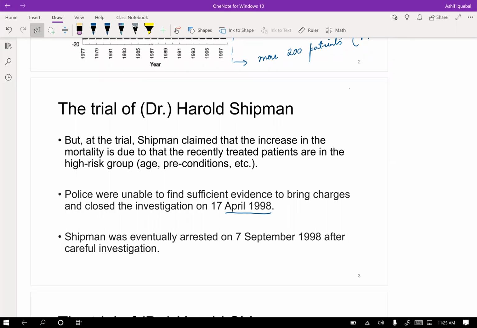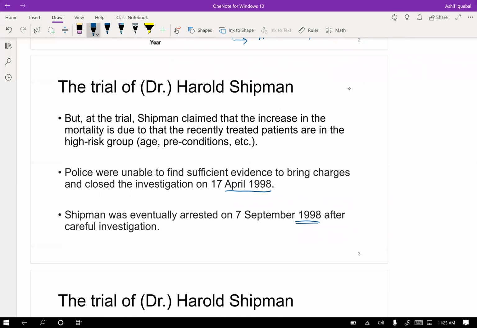This was one piece of evidence that they found in September of 1998. They also found a bunch of other evidence that established that Harold Shipman was actually involved in killing these many patients. This happened in September of 1998.